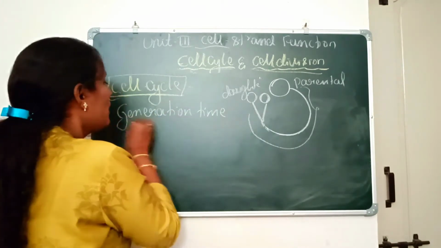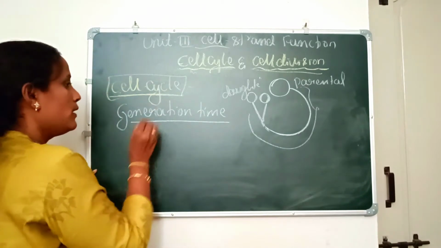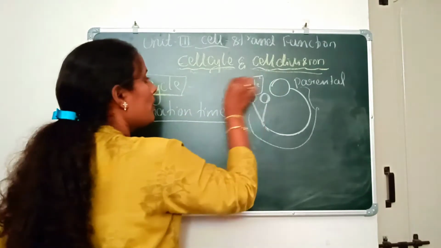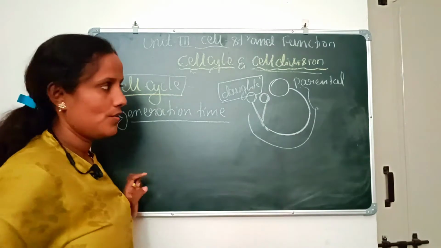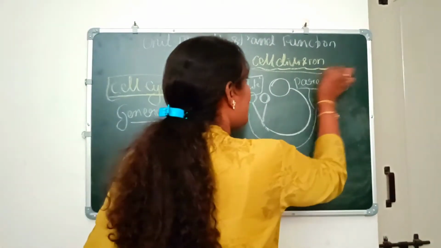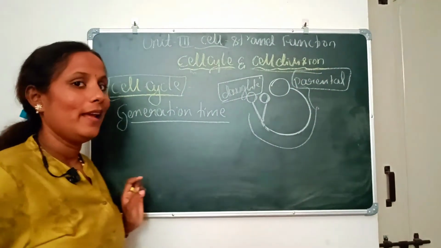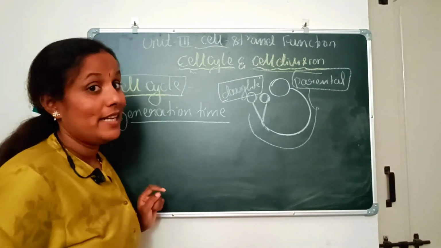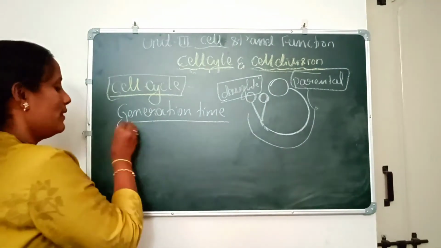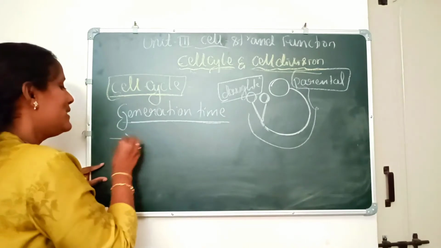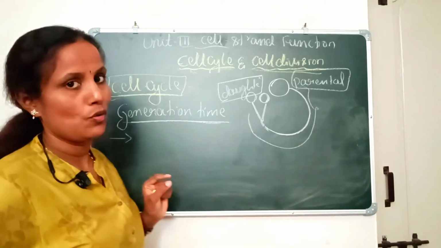That means the time required to produce two daughter cells from a parental cell is called a generation time. That means that generation time will differ in different types of cells.